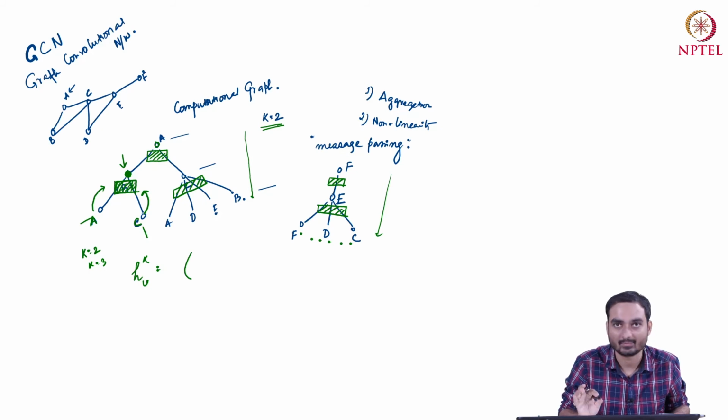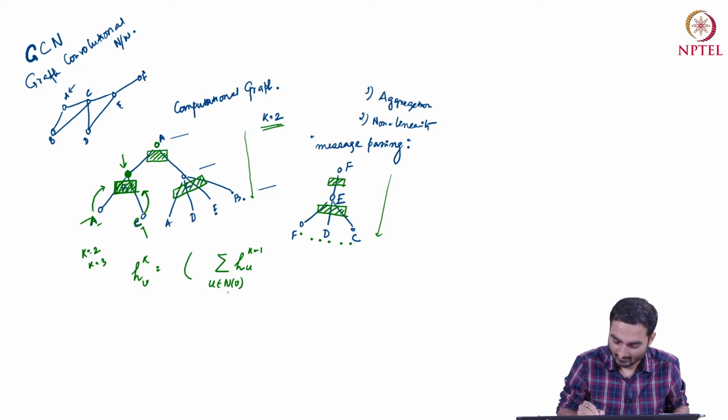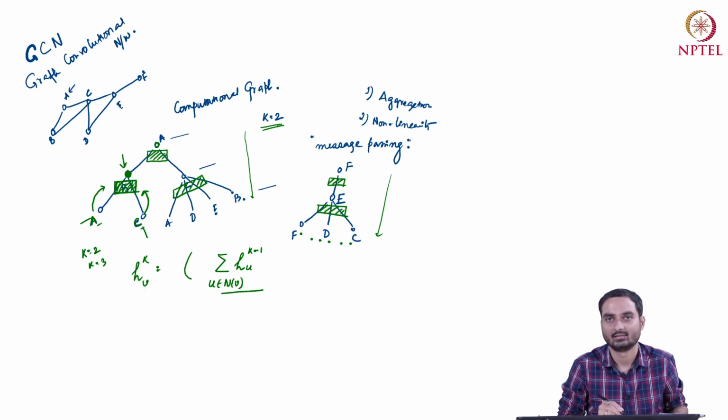So, you have some aggregation function. Let us assume that the aggregation function is a simple mean. So, it would be the summation of the representations of all of V's neighbors. V's neighbors are A and C. So, U, which is a neighbor of V, H of U at k minus 1, divided by the number of such neighbors.